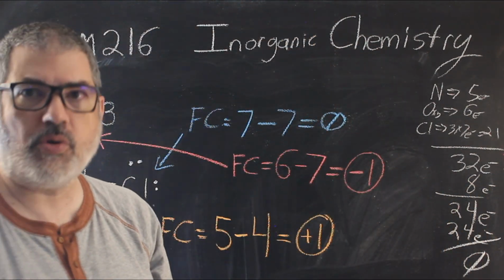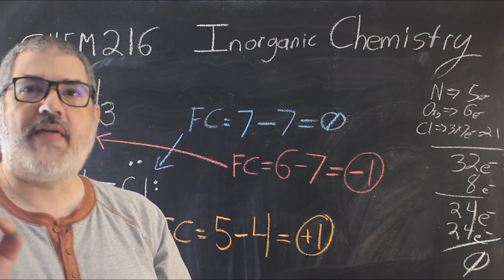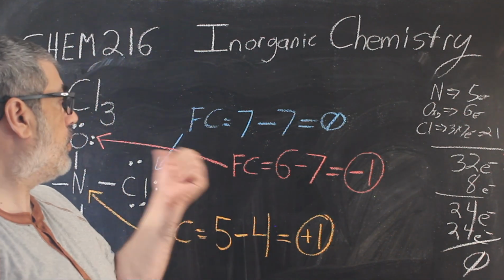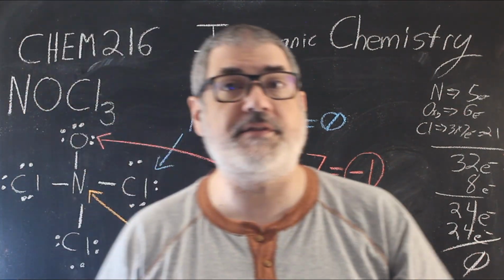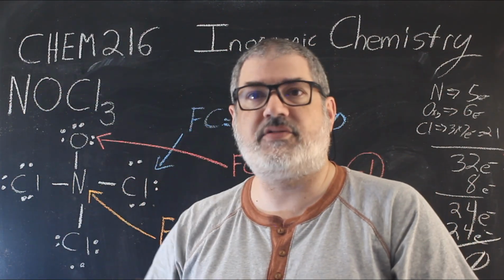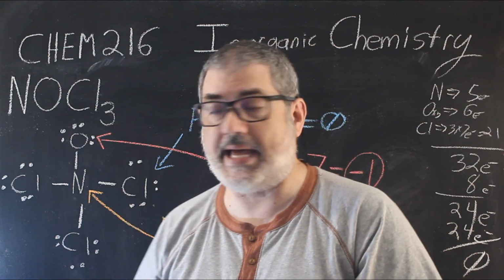So in this case, we are stuck with a non-zero formal charge. We're going to see that in some cases, violating the octet rule to remove a formal charge is perfectly fine. In fact, that's what's observed. But in this case, the octet rule is preventing us from doing that.